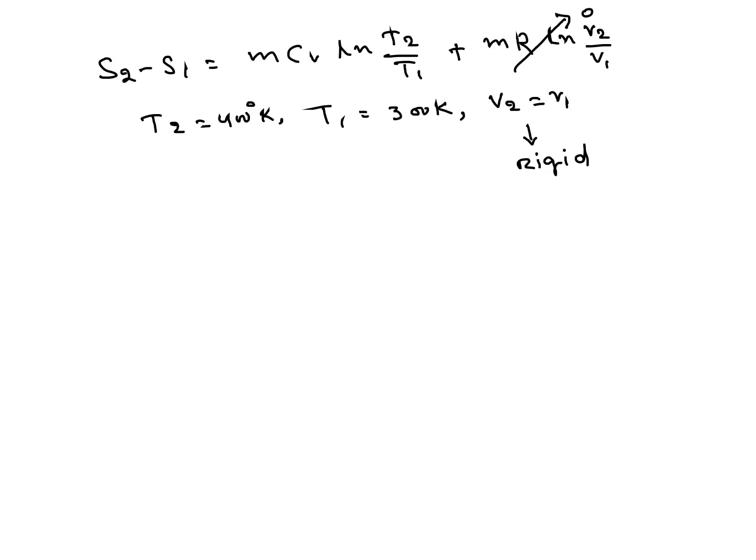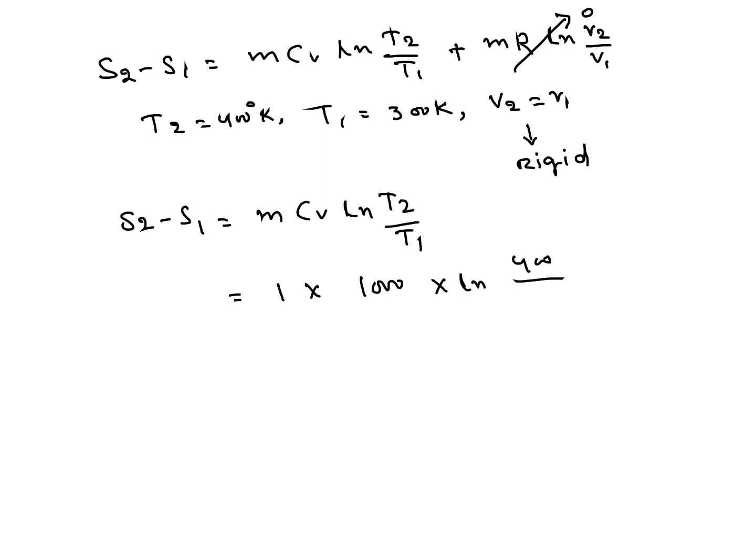S2 minus S1 equal to m Cv ln T2 by T1. Put the values: mass 1 kg, Cv 1000, ln of 400 by 300. If you solve this, you will get 287.68 joule per Kelvin. This is your answer.